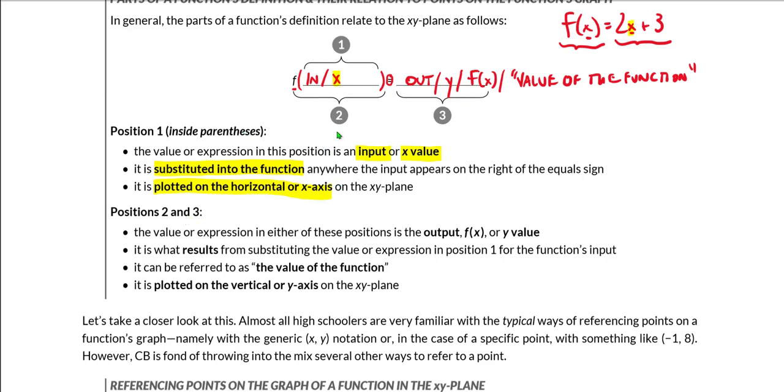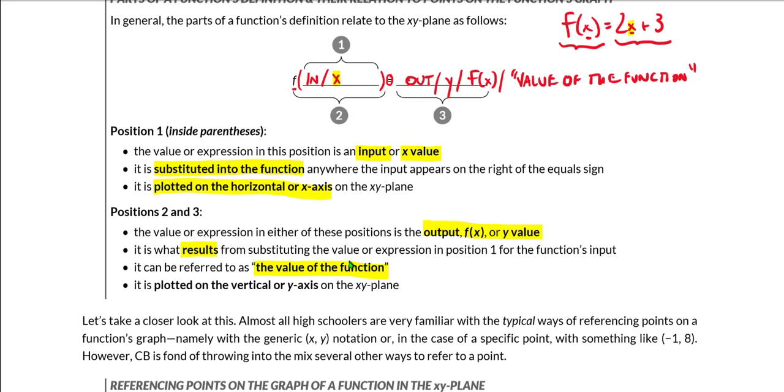In positions 2 and 3, the entire left side and the entire right side of the equal sign, we have the output, f of x or y value. We already wrote that up here. That is the result that we get when we substitute our input into the function. And we can also call this the value of the function. You will see that language on the SAT.